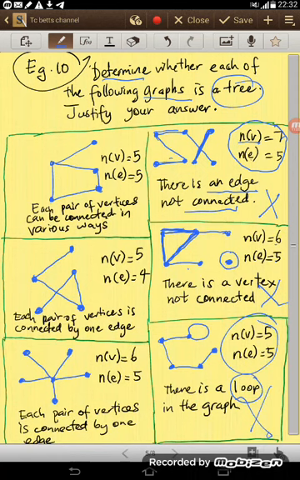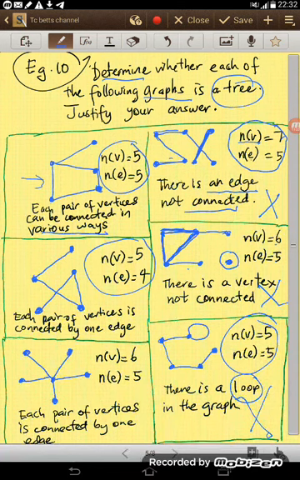What about this one? This one is already also wrong, and this one is connected in various ways. This one breaks rule number 2. For this one, okay, 5 vertices and number of edges is 4.